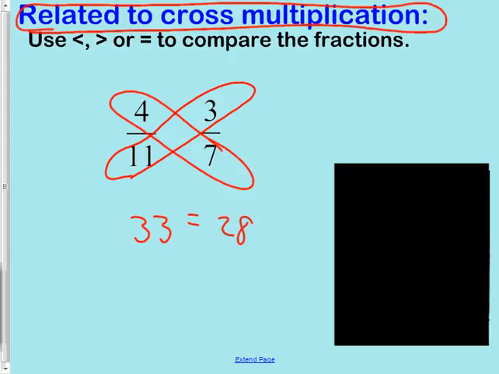But couldn't I have said 28 equals 33? My point is that I could have written this, and then you can't tell from this which way I should put the sign. I agree that 33 is greater than, but does that mean these two are greater than? Or, in this case, it's a less than, so are these two a less than? You know which one it is? All right, I'll tell you which one it is.